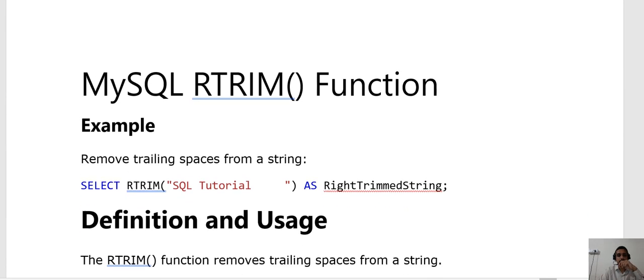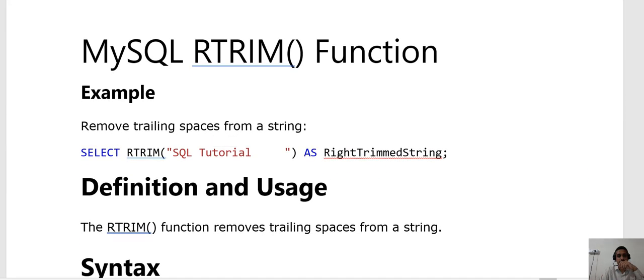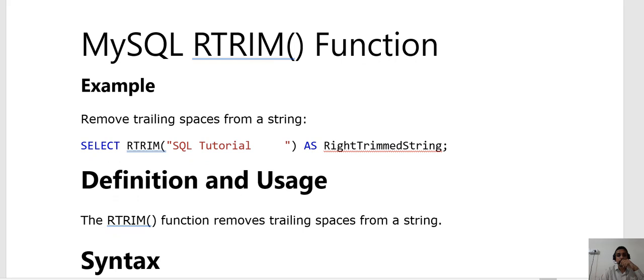The next function is rtrim. rtrim is the same as trim, the only difference is that it removes the trailing spaces from a string. Trailing means the ending ones, that is, afterwards. Whenever we write any words and afterwards there are some spaces, rtrim will remove those afterwards spaces, also called right spaces.